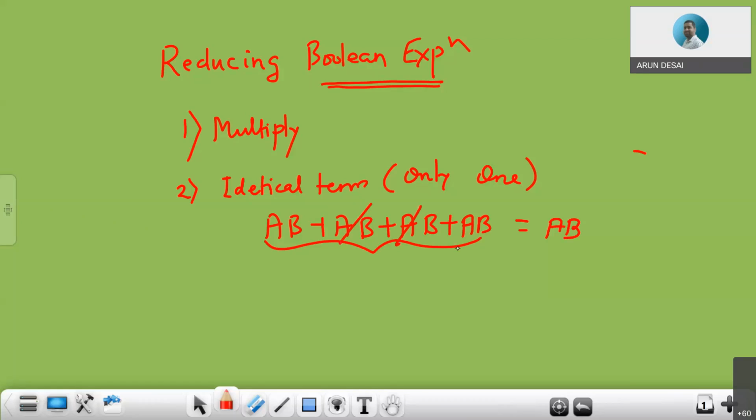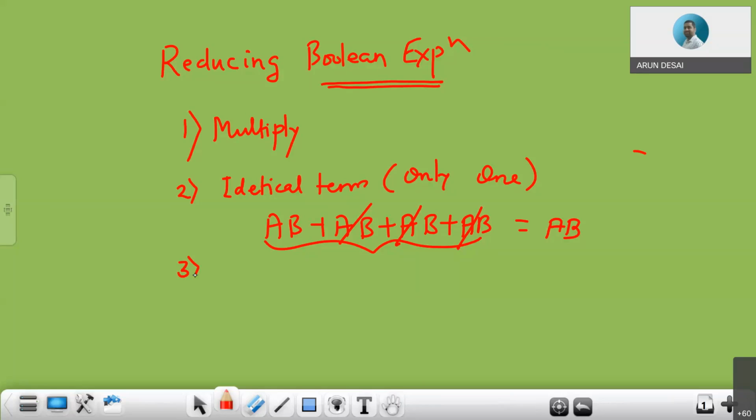All others should be dropped. So look for identical terms, only one term from those is retained, and all other terms are dropped. This is your second rule.